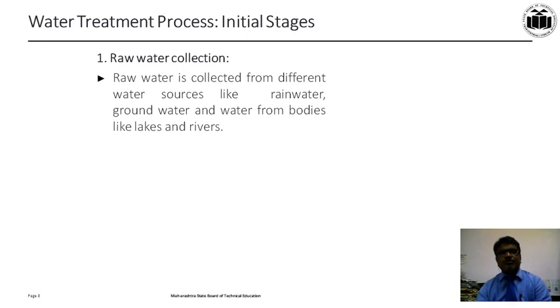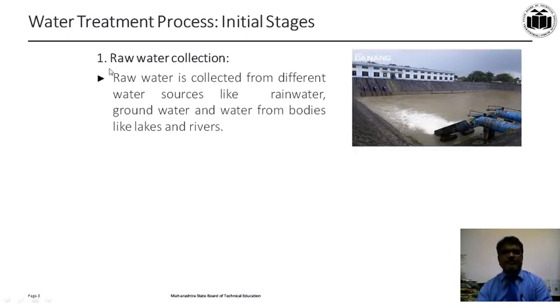So first is raw water collection. The raw water from rivers, streams, reservoirs or ponds is collected from different water sources like rainwater, groundwater, and water from bodies like lakes and rivers.